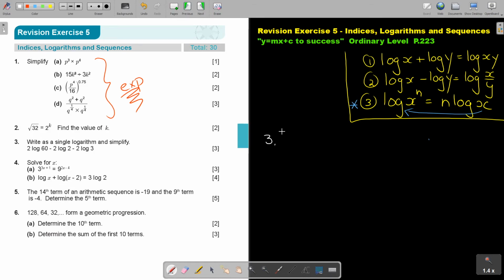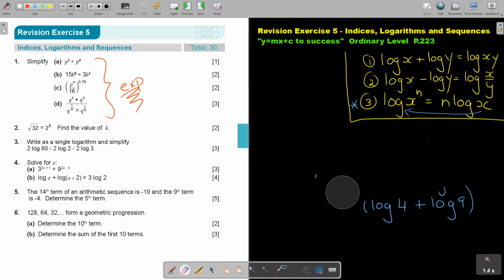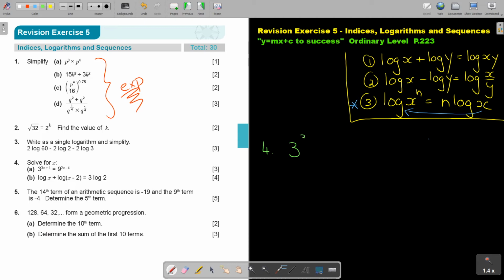Now, number 3 is finished, luckily. So it's number 4. Okay, now there was 3. That's number 4. Okay, so there's no log. Do you see that?